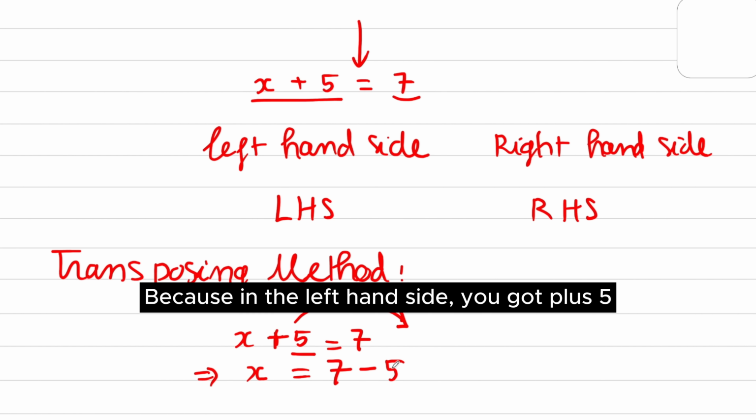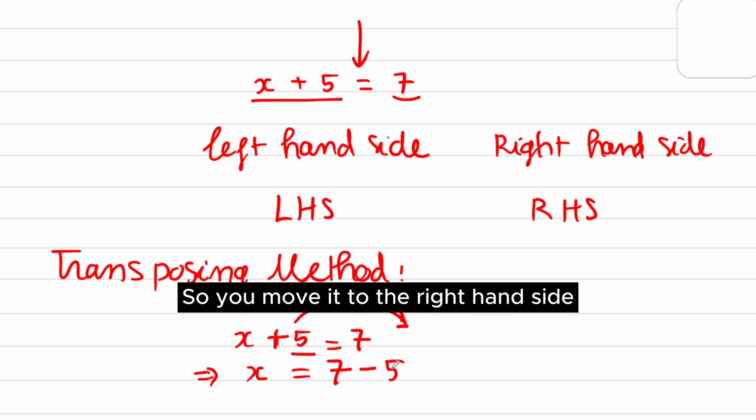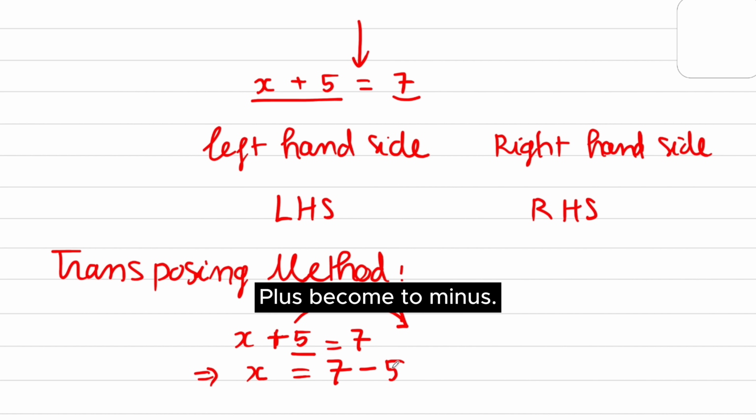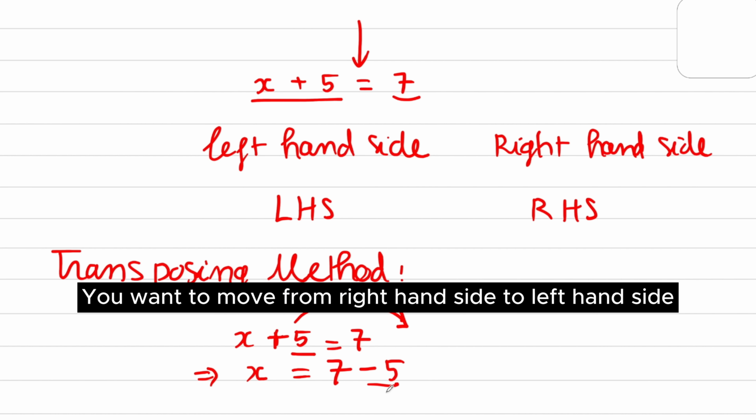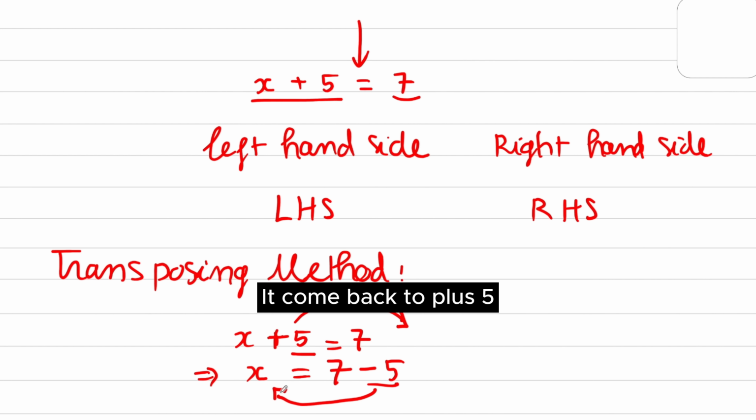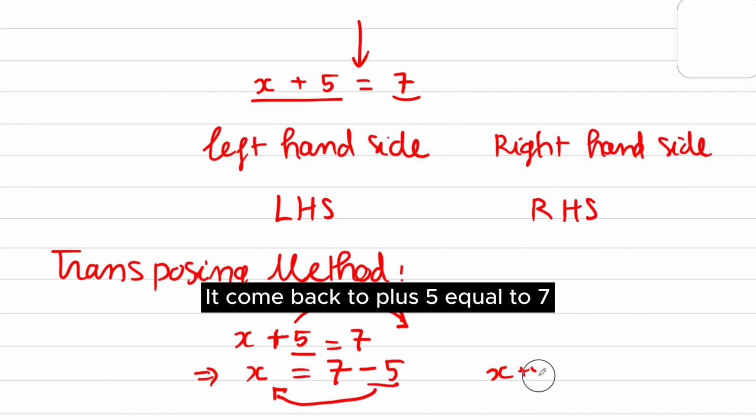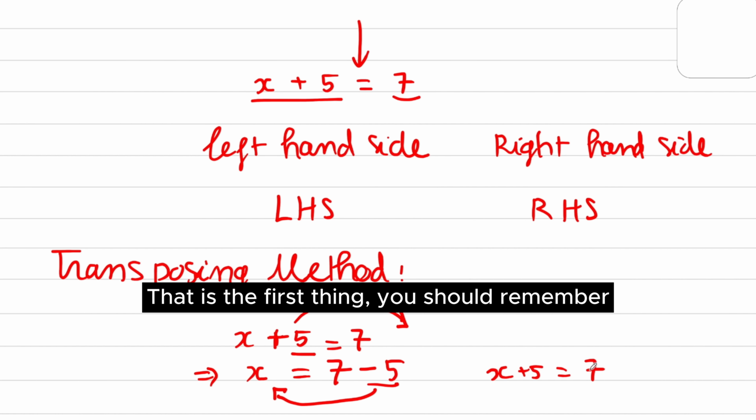Because in the left hand side you have plus 5, when you move it to the right hand side, it has to change: plus becomes minus. So you have the minus sign here. If you move it from the right hand side back to the left hand side, it becomes plus 5 equals 7. That is the first thing you should remember.